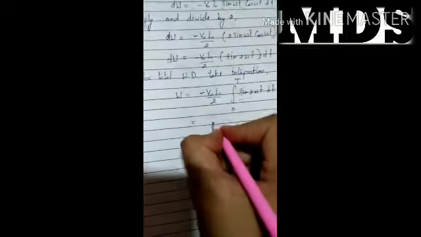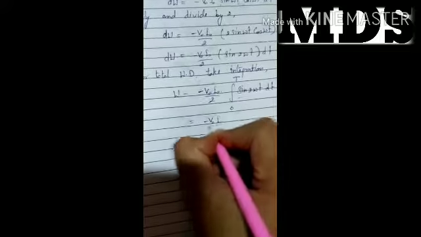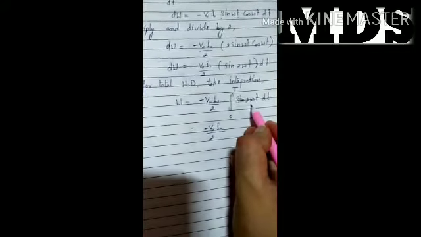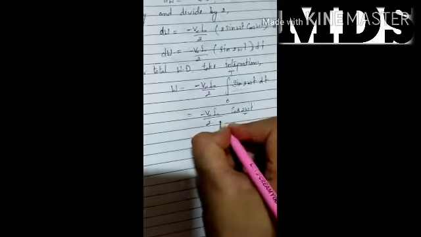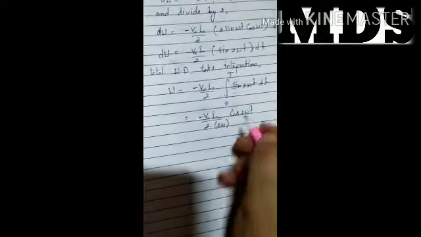V naught I naught by 2 are constant terms, keep them as they are. The integration of sin 2 omega t is minus cos 2 omega t divided by 2 omega. Now put the limits from initial to final, 0 to T.